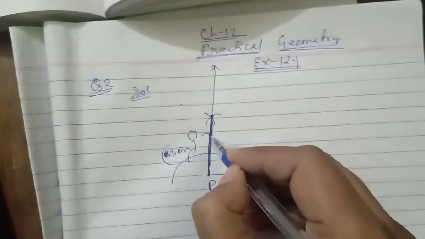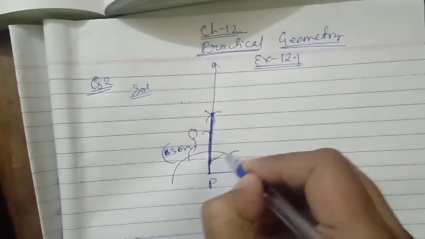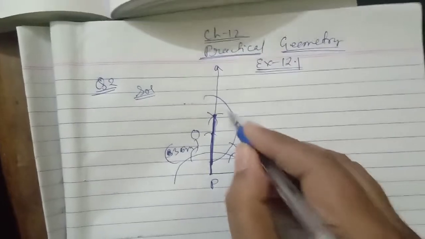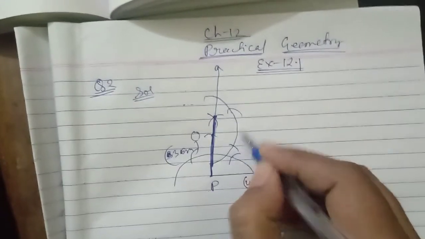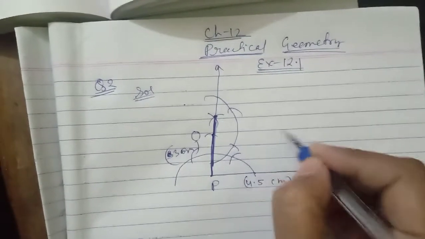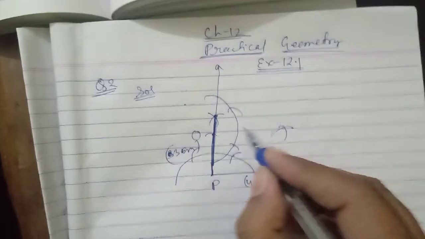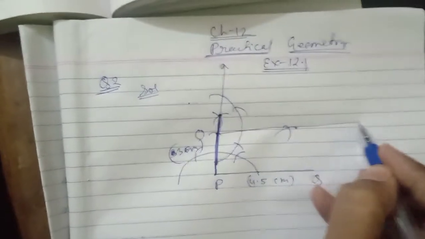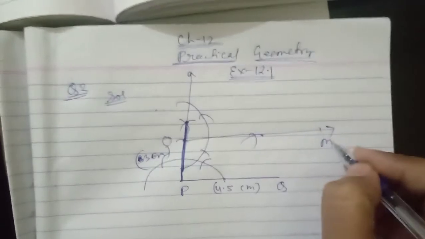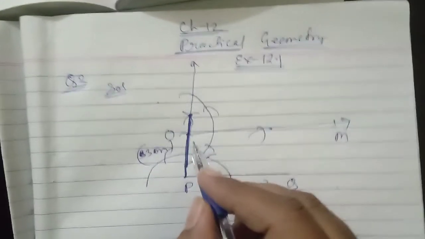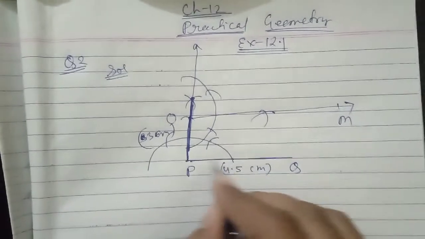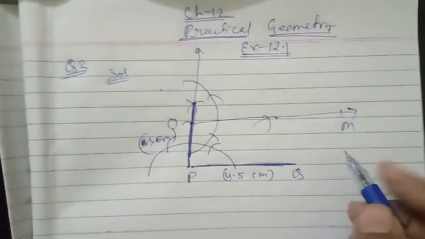So again we make a 90-degree angle this way, placing the pointer here, then taking a suitable radius and making arcs from this part again, and from here adjusting, then drawing a ray. The name of the ray is OM, and it is parallel to PQ like this.